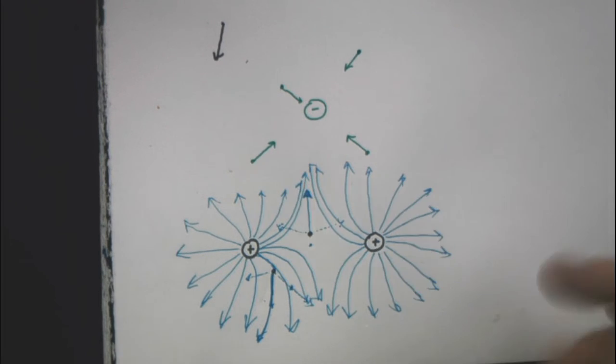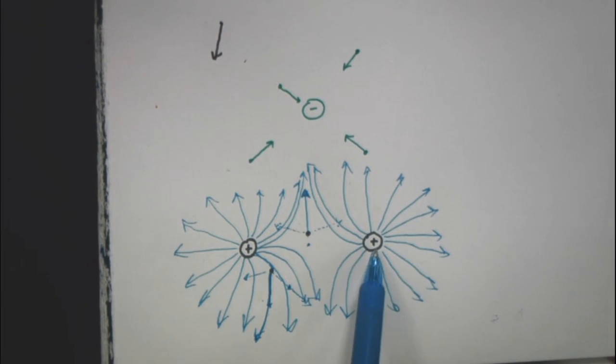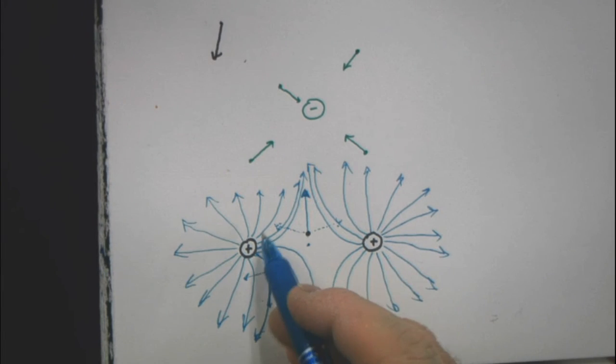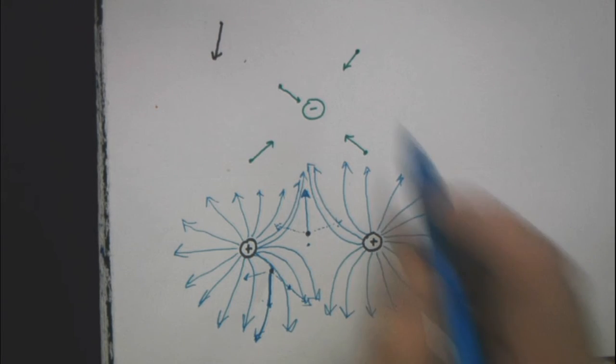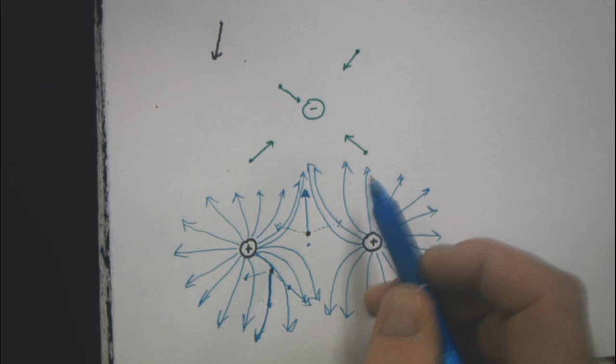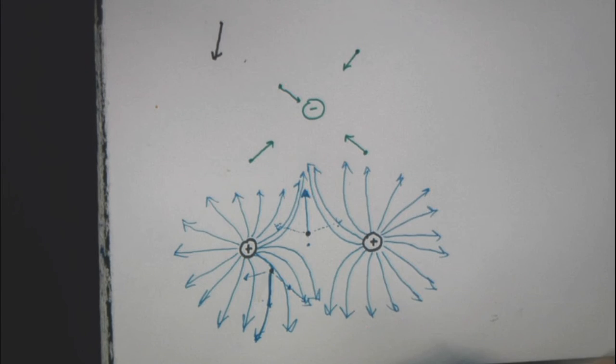Now my challenge to you is, what if I change one of these to a negative? What would the lines look like? If I change one of them to a negative and we put a positive test charge, it's going to want to move away from the positive and towards the negative. So now we're going to have different kinds of lines.